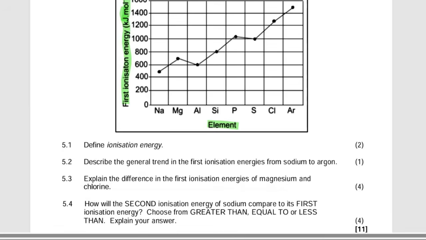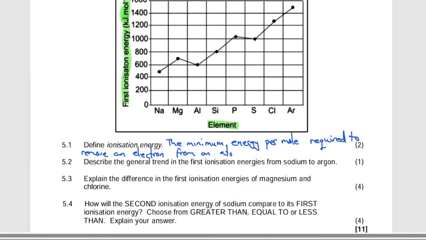So it's defined as the minimum energy per mole required to remove an electron from an atom in the gaseous phase. So that's what we're having there in terms of that.